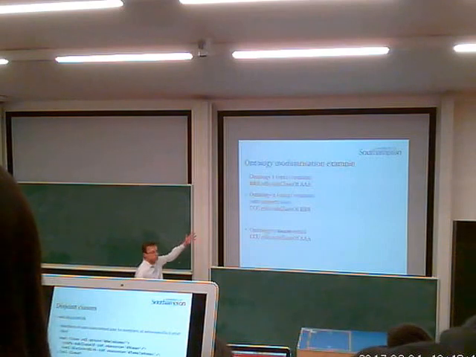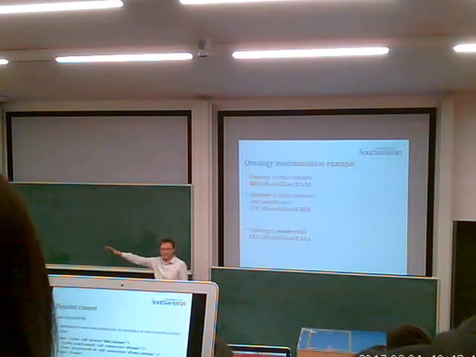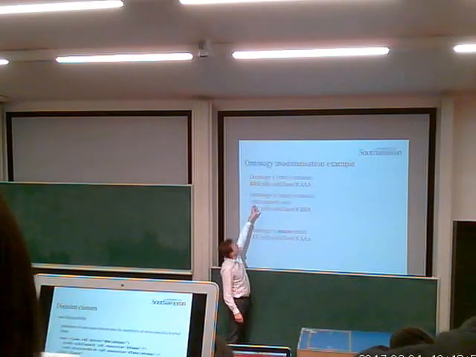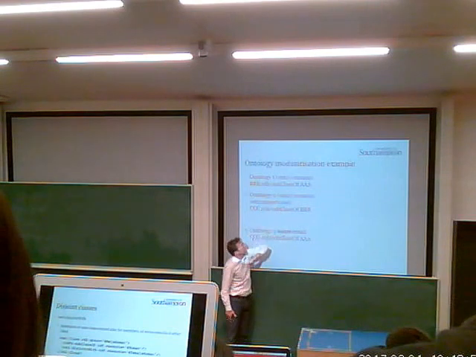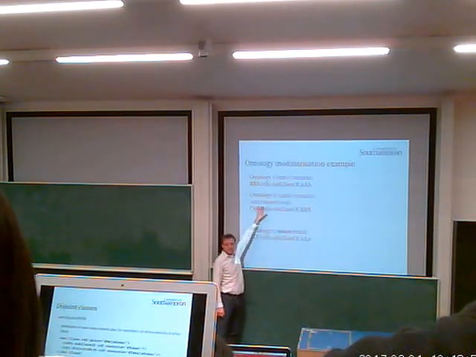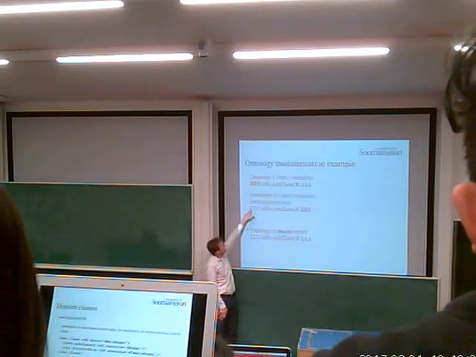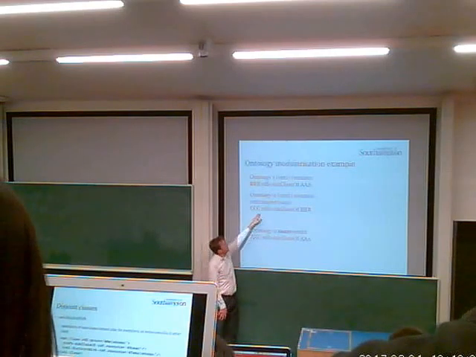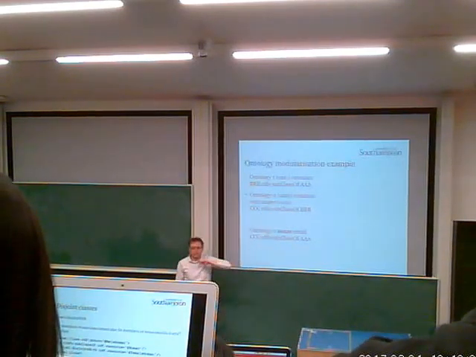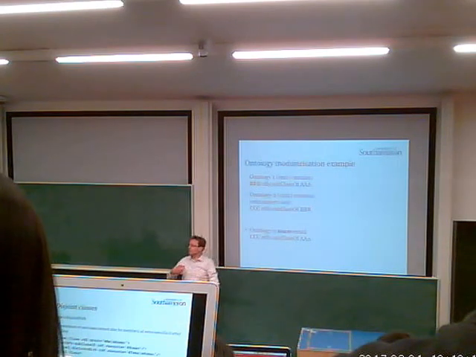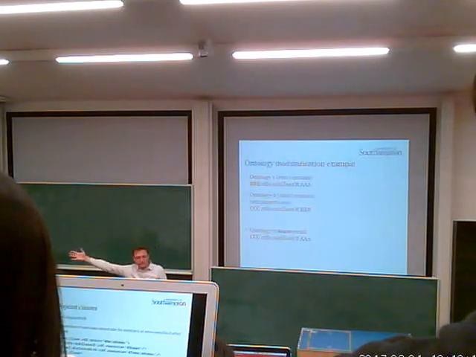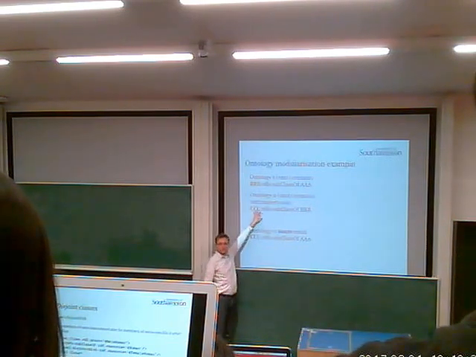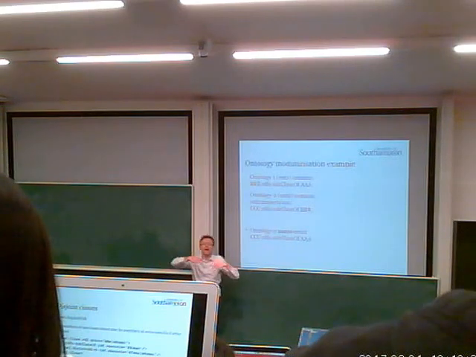I have one ontology, let's say put somewhere on the web as an OWL file, and in that ontology I have the description B is a subclass of A. Then I define my second ontology, and in the second ontology I first say that ontology 2 imports ontology 1, and then I make another statement that C is a subclass of B. If I do this import, it basically means I copy all the axioms that are defined in this first ontology into my second ontology. It's really just like consider a copying act.